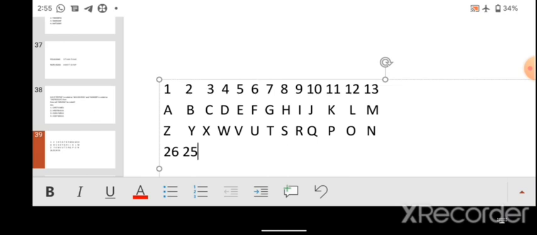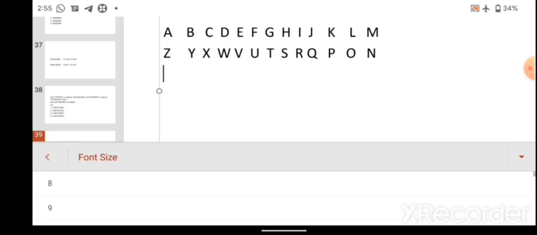Okay, let me reduce the font. It will make it easier. Let me make it 20.